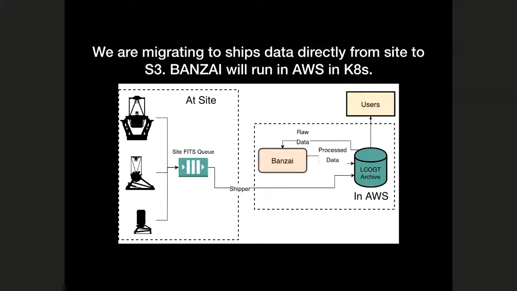It also means that we can just put Amazon in the cloud, and then we can parallelize it because Bonzai is designed to scale horizontally. If we wanted to, say, reduce all of the LCO data ever taken, we just have to spin up that many instances in Amazon. And so it scales a lot better. We're hoping that this change makes it more robust, a little faster, and easier to deal with.